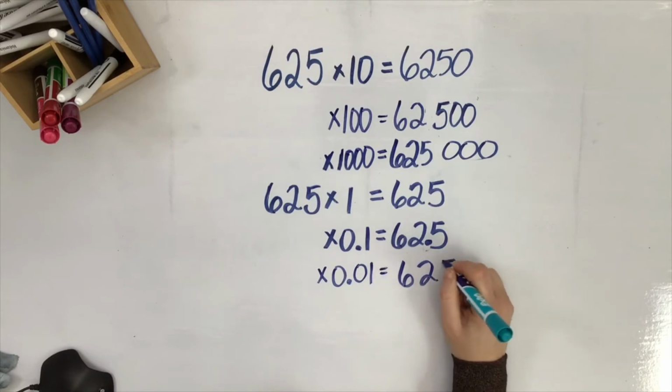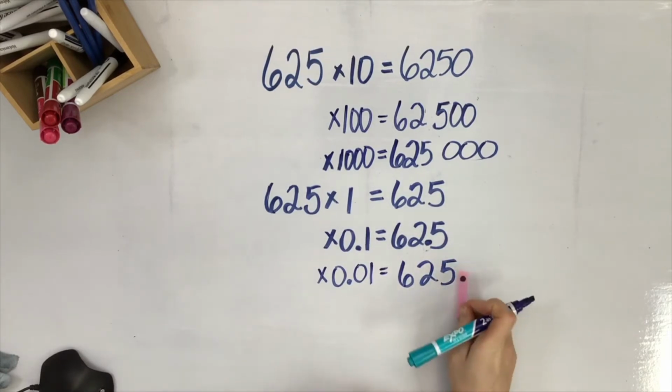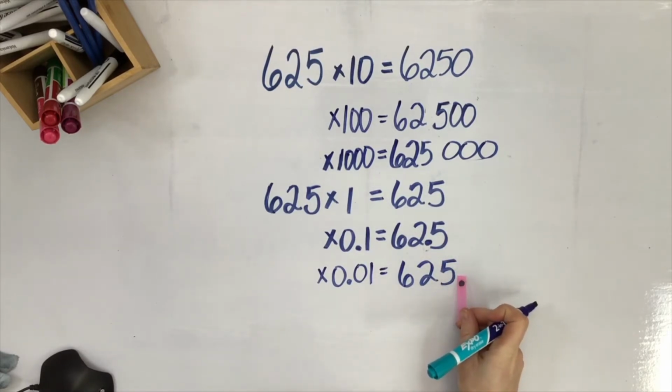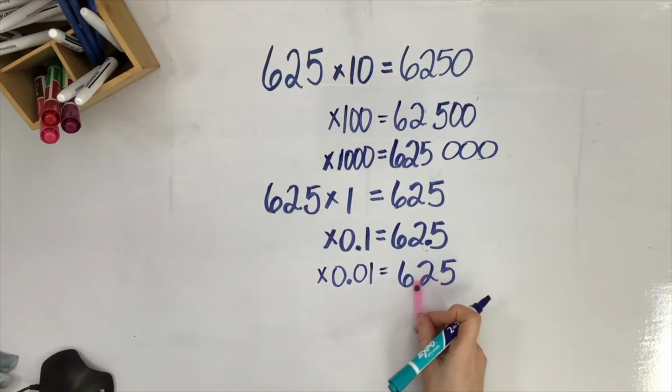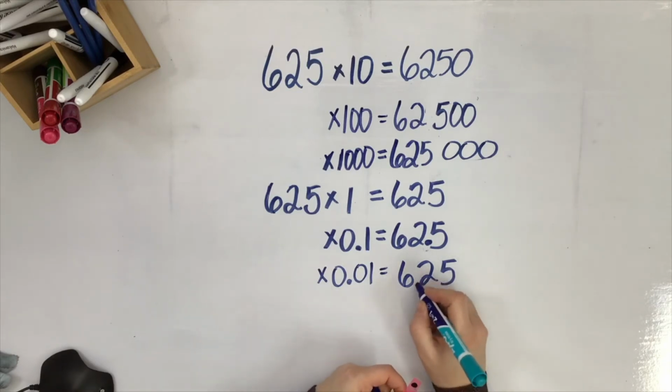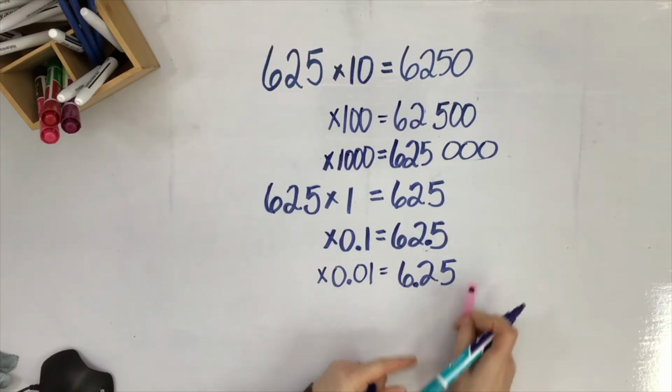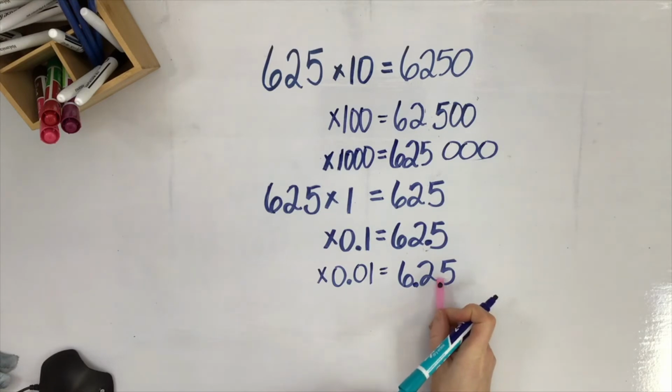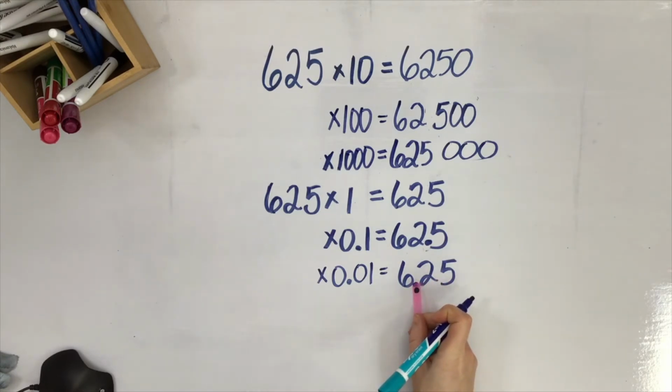So my 625 that I started with a decimal here has to get 100 times smaller because we're multiplying by 1/100. 1, 2. Remember, every move to the left gets 10 times smaller. So 10 times smaller and another 10 times smaller makes it 100 times smaller in total.